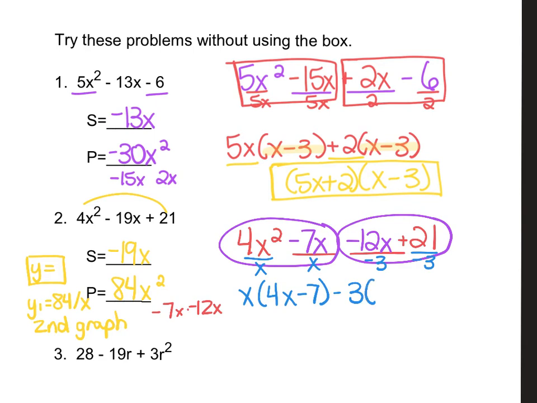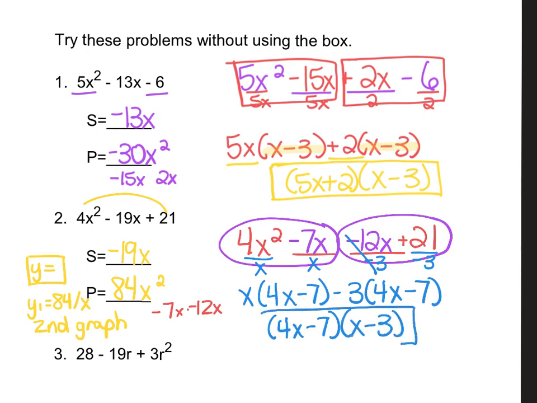And so that would leave me with a positive 4x and a negative 7 in parentheses, which again was what I was hoping for. So what's in parentheses makes my first factor, and the GCFs make my second factor. And that's it.